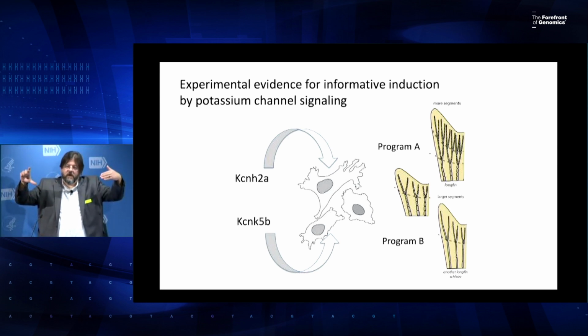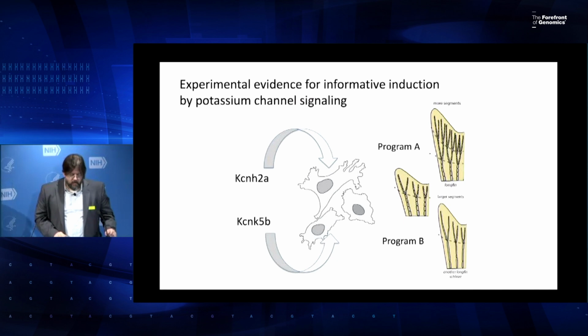So different phenotypes, but the same cells, just different channels can instruct that by overexpressing. So we're currently using this model to get at how these channels are informing the tissues to lead to phenotype and whether there's information involved.